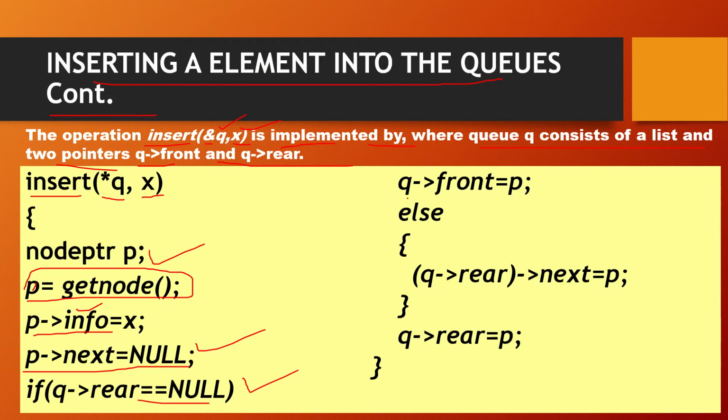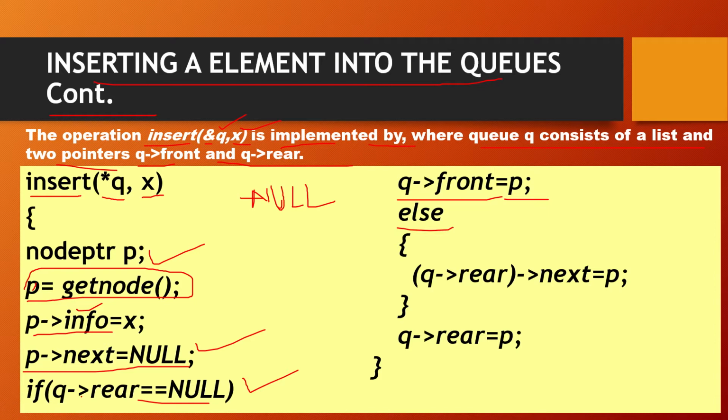So we have to update Q front because Q rear and Q front are both null, or we can say 0, when we are implementing it through a linked list. So we are updating the value of Q front also in case Q rear is equal to null. So Q front is equal to P because this is the first node that we are inserting.